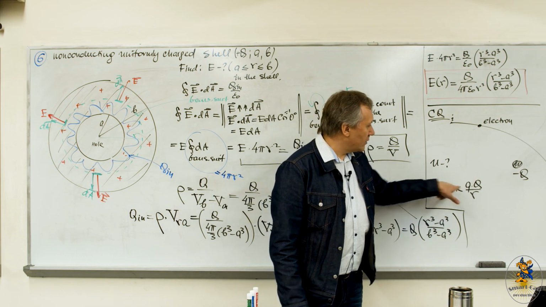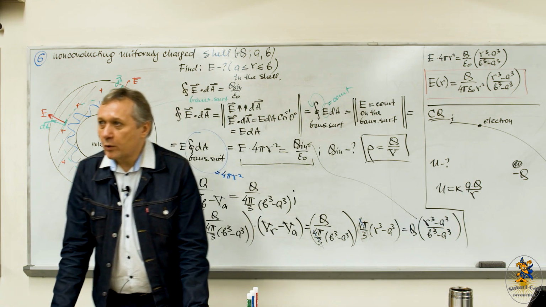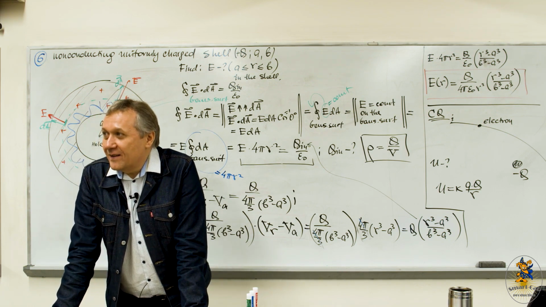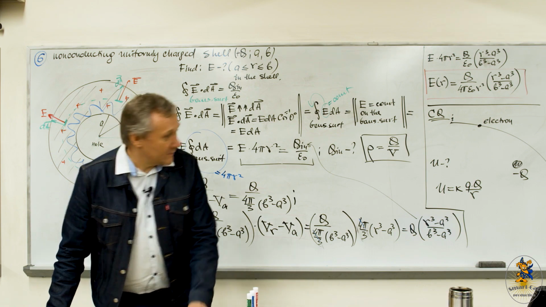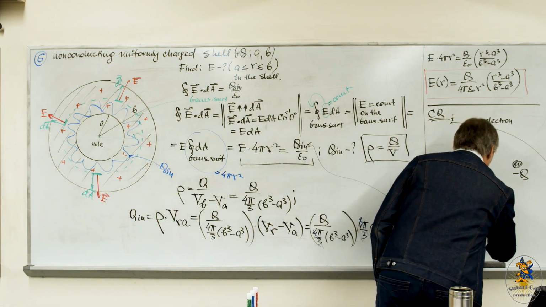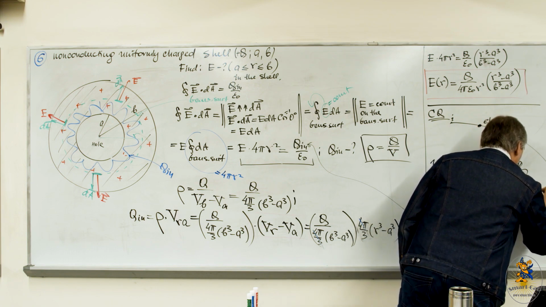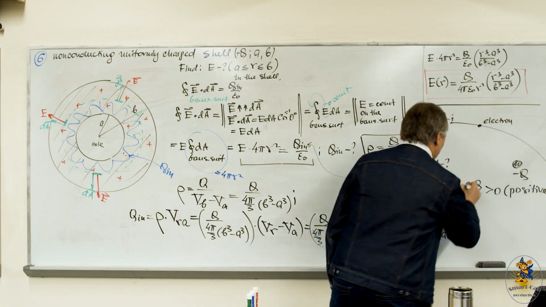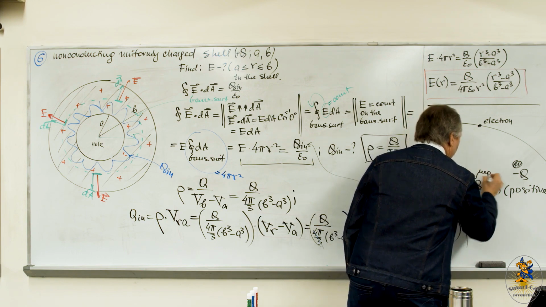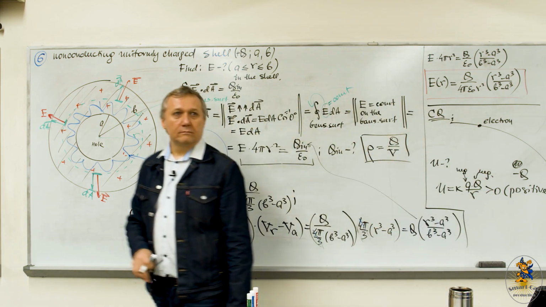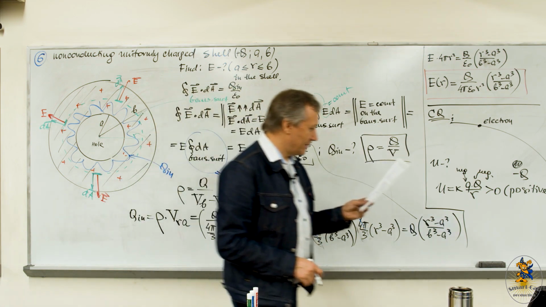So the sign of U is in the product of these two charges. In our case, both charges are negative, so the potential energy is going to be positive. Since this is negative, this is also negative. Too much negativity gives you positive.